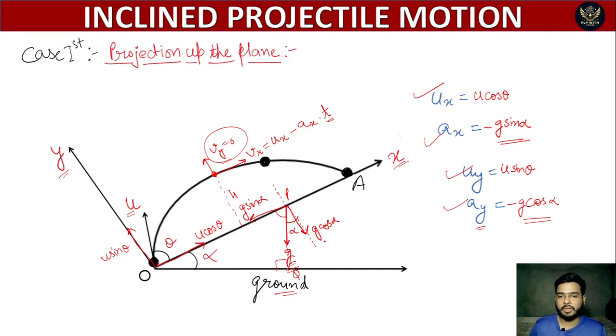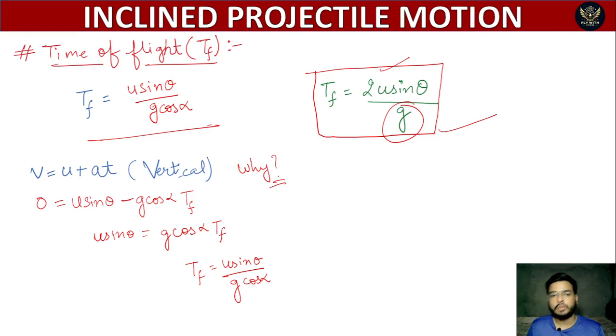So that is why we can say that g cos alpha is also constant and g sin alpha is also constant. So here the accelerations are constant, so we can use the speed equations. According to these equations, v is equal to u plus at along the vertical direction, and we can say that v along the y direction is 0. Why 0?